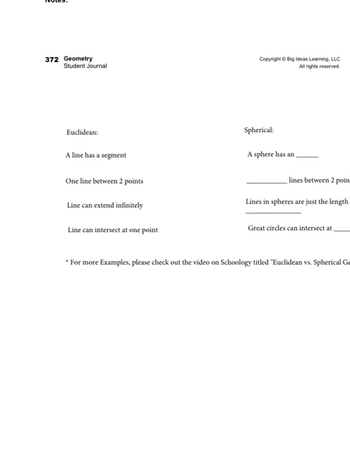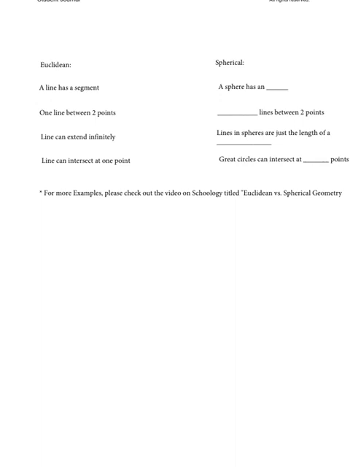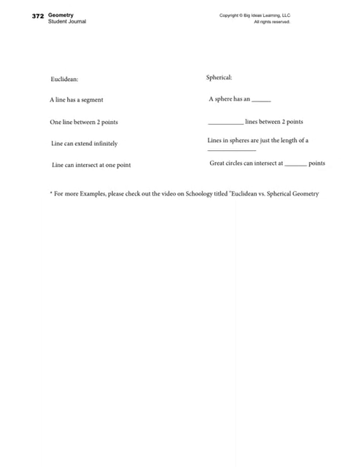So let's look at some differences between Euclidean and spherical geometry. I want you guys to pause this video and try to solve this on your own. Try to find the parallels between the Euclidean statement and the spherical statement. Go ahead and pause the video now. Alright, you guys should have attempted this portion.